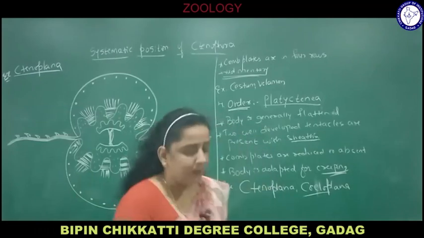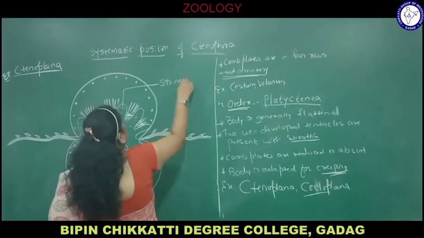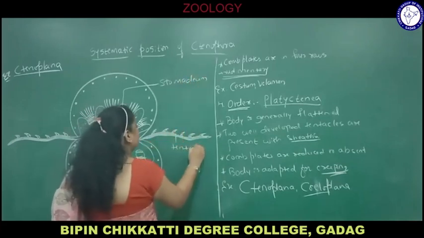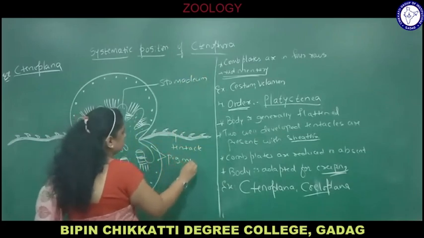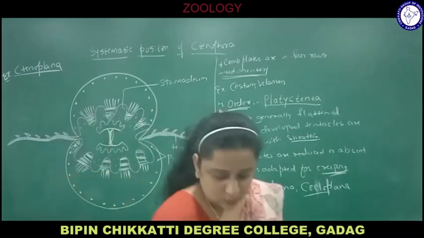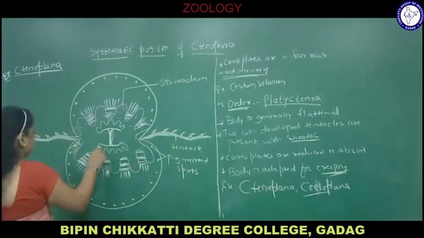Now this is the stomodeum. This is a tentacle, and these are pigmented spots. Next, coming to the sensory tentacles. These are sensory tentacles.